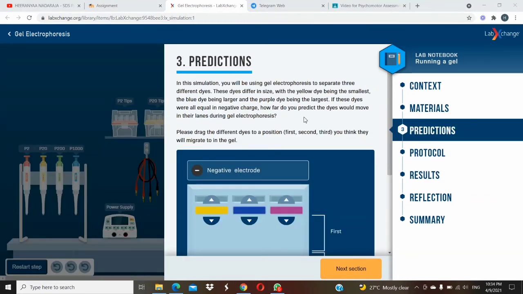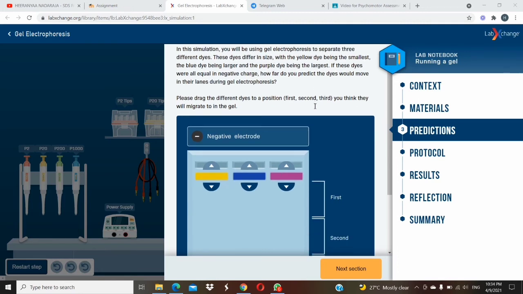In this simulation, we are using gel electrophoresis to separate 3 different dyes. The 3 dyes probably differ in size, with the yellow dye being the smallest, the blue dye being larger, and the purple dye being the largest.